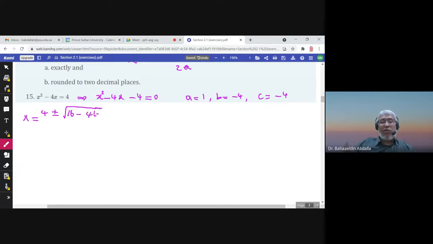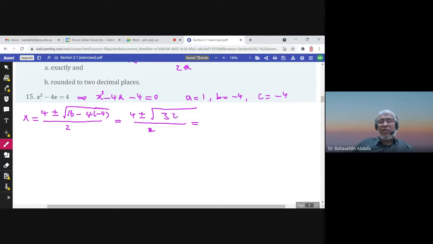So I'll just write it 4 times negative 4, over 2 times a, which is 1, so that's 2. So it's 4 plus or minus the square root of, now negative 4 times negative 4 is positive 16, 16 plus 16 is 32, over 2. Now 32, the square root of 32, I can write it as 2 times 16.